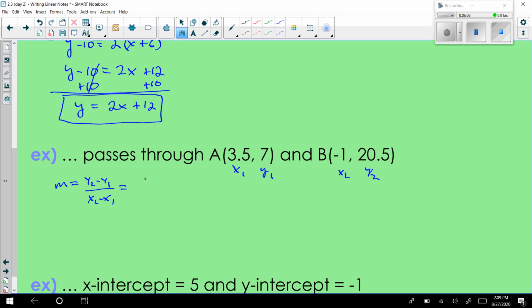So if I plug this in, this is going to be 20.5 minus 7 over -1 minus 3.5, which happens to be 13.5 over -4.5. And if we simplify that, divided by 4.5, that gives us -3. Okay, so the slope I'm using is going to be m equals -3, and then again, I'm going to pick probably the easier point. I think that's (3.5, 7).